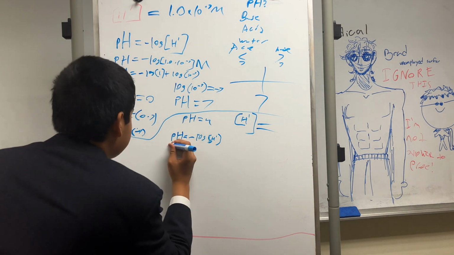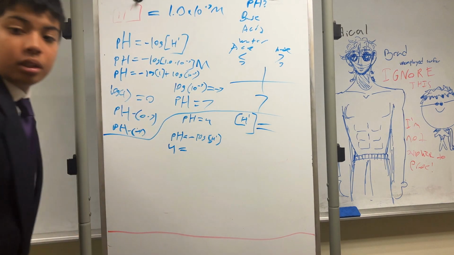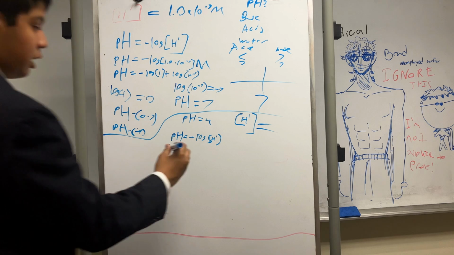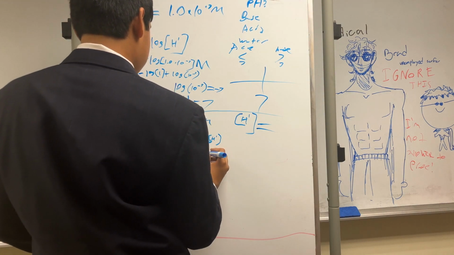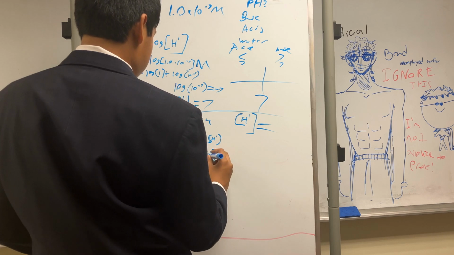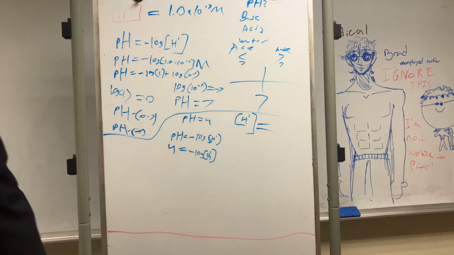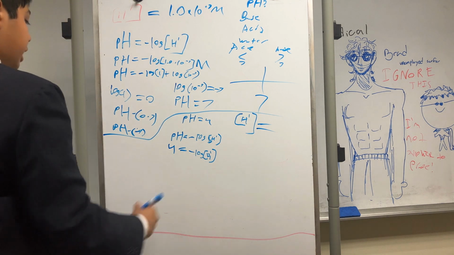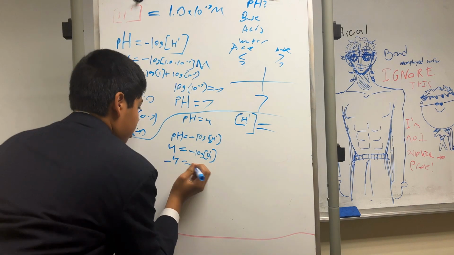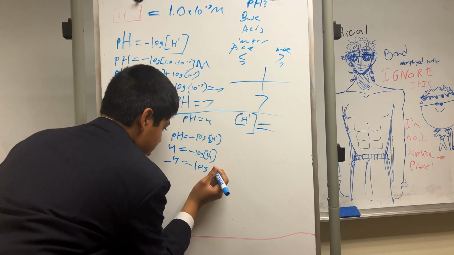You can replace that with 4 equals negative log of the hydrogen. So if you remove the negative, negative 4 equals log of hydrogen.